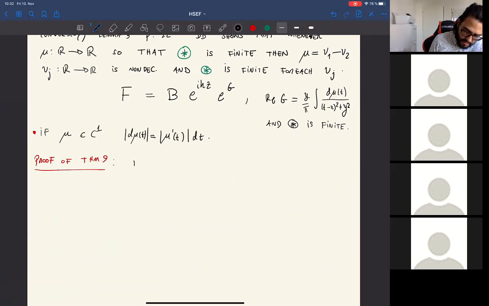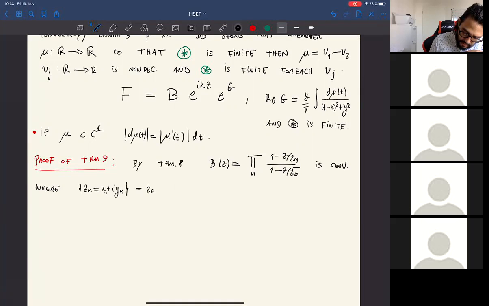By theorem 8, we know that the Blaschke product is convergent, where Zn are the zeros of F.